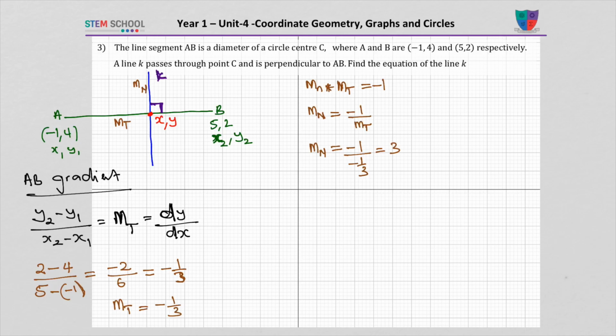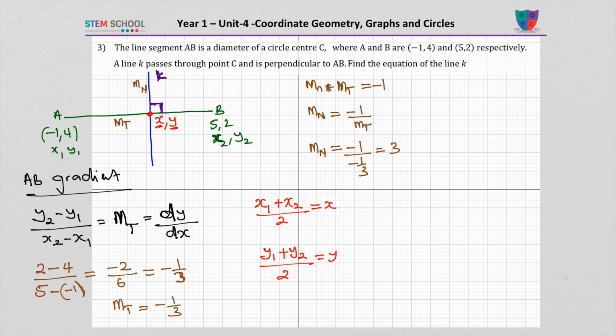Also, I need to find the coordinates of x and y at the center. That's the midpoint between A and B. To find the midpoint, x1 plus x2 over 2 equals x, and y1 plus y2 over 2 equals y.